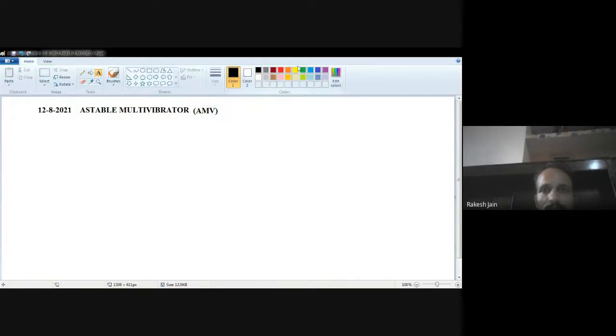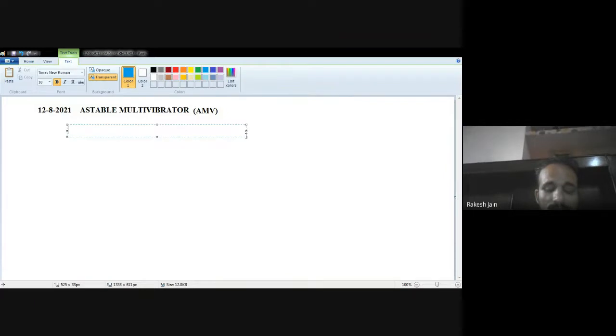There is no stable state. It continuously switches between high and low. No trigger pulse is required to change the state, that's why it is called free running.